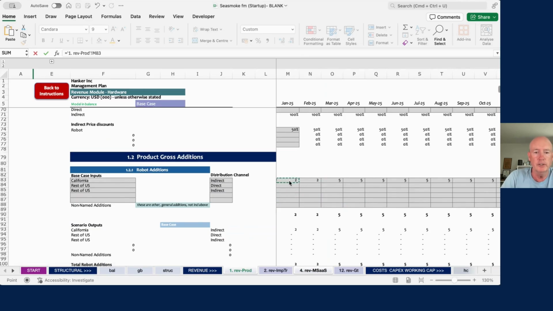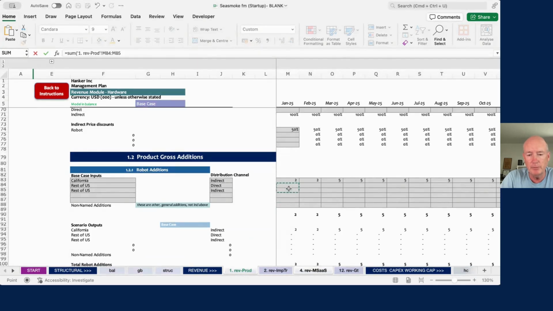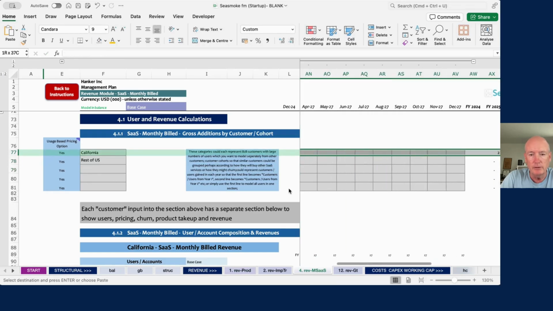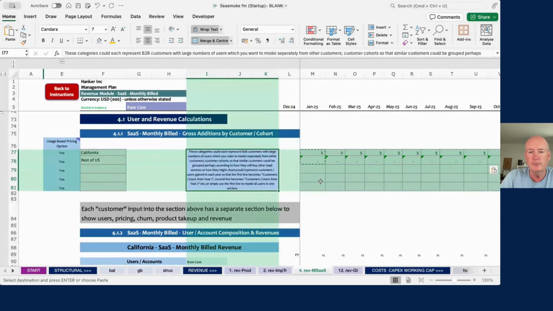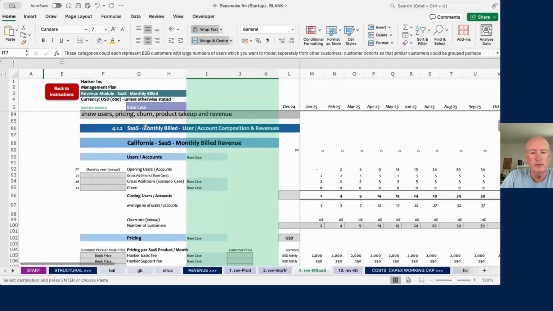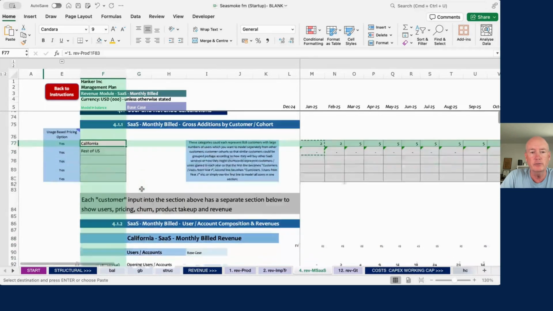So California is just this number here. These were the numbers we put in before. And then for rest of US, we're not interested in whether it's direct or indirect because we're getting our SaaS revenue come what may. So if we just sum these, do this. Right, and there are our adds, and that all links to the actual hardware itself.